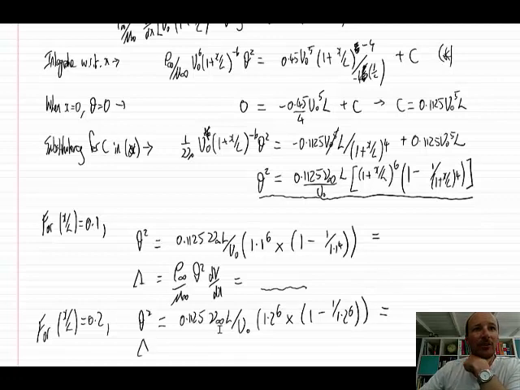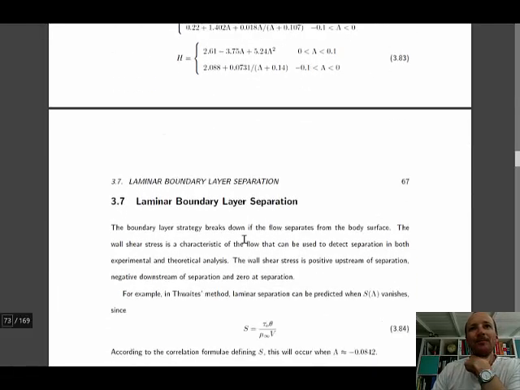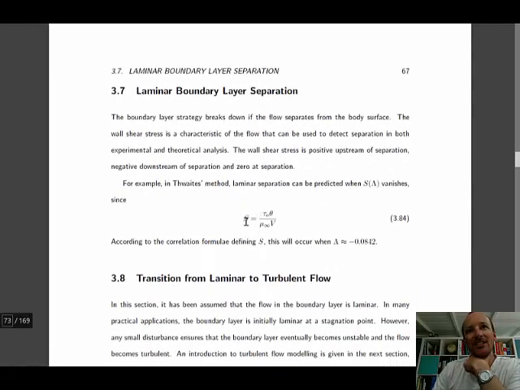Work out the value of capital lambda in the same way, and you will find that these two lambda values sit either side of this magic value for lambda, which gives us an S value of 0, so they'll sit either side of this minus 0.0842.